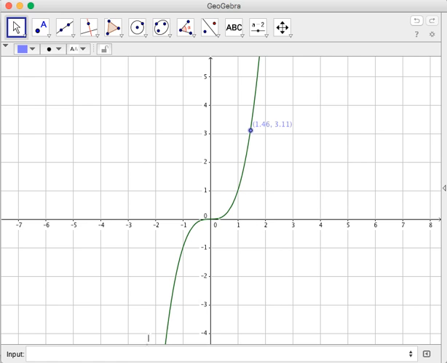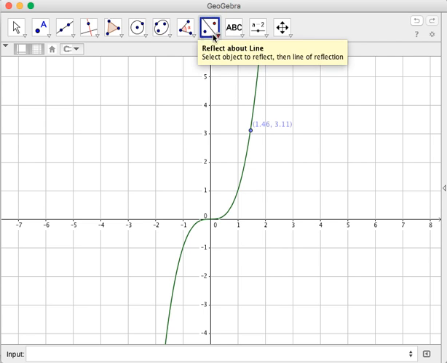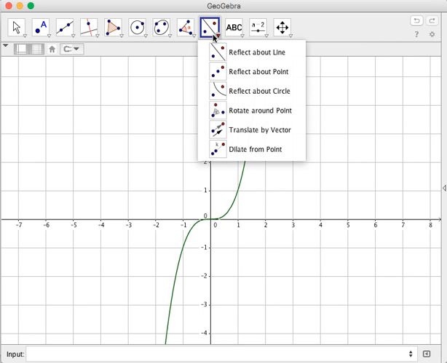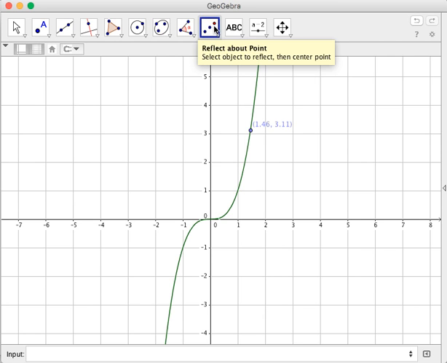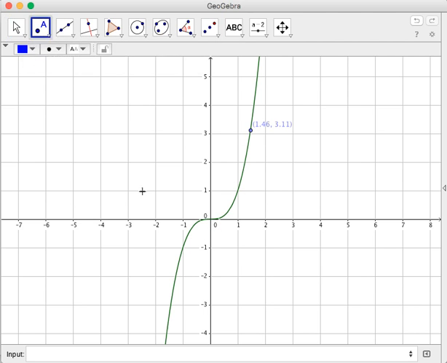So, try natin yung negative. Hindi ko alam kung pwede gamitin to, no? Yung reflect about, may reflect about a point ba tayo dito? O meron, reflect about a point, select object and select center point. Kailangan may point tayo dito sa origin, no?